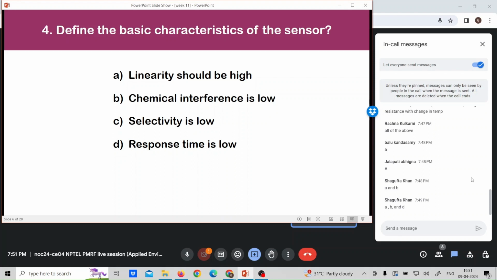Okay, so let's discuss what linearity is. Linearity in measurement includes the consistency of measurement.